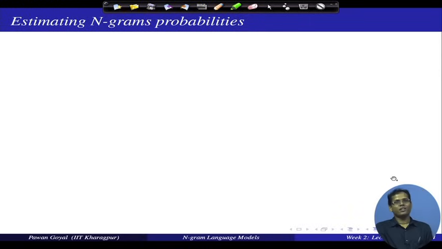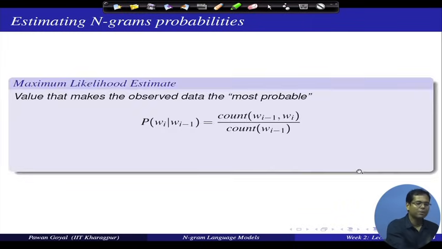Okay. So now the question is, how do we estimate these n-gram probabilities from a corpus? The simple method of estimating these probabilities is by using the maximum likelihood estimate. So what is that? Suppose I have to compute the probability of wi given wi minus 1. I will find out in my corpus how many times the word wi minus 1 occurred. Among those, what fraction of times wi occurs after that. Remember, we were doing it in one of the earlier slides: versatile actress.